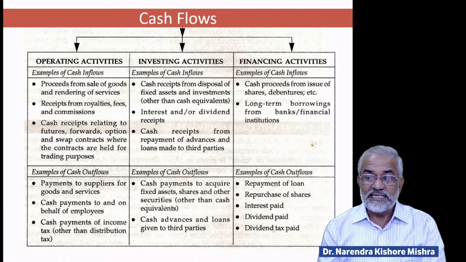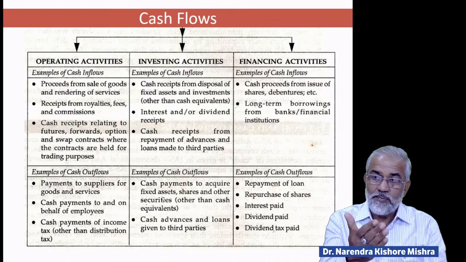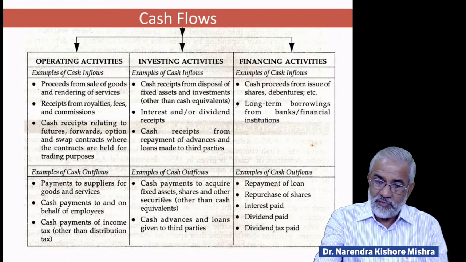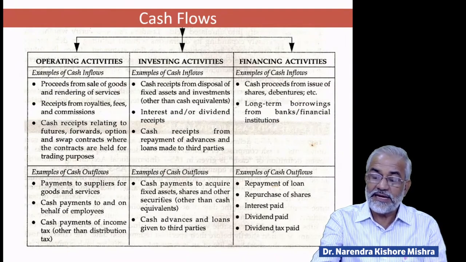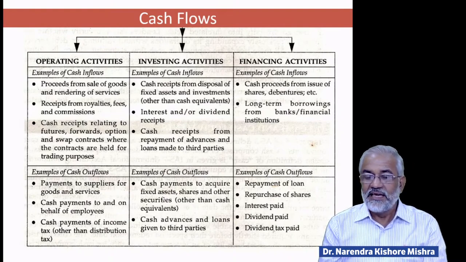Third one is interest paid. When you are issuing bonds, the inflow of cash is there, and then you are supposed to pay the periodic interest thereon. When the interest is paid, it would be coming under the outflow of financing activities.